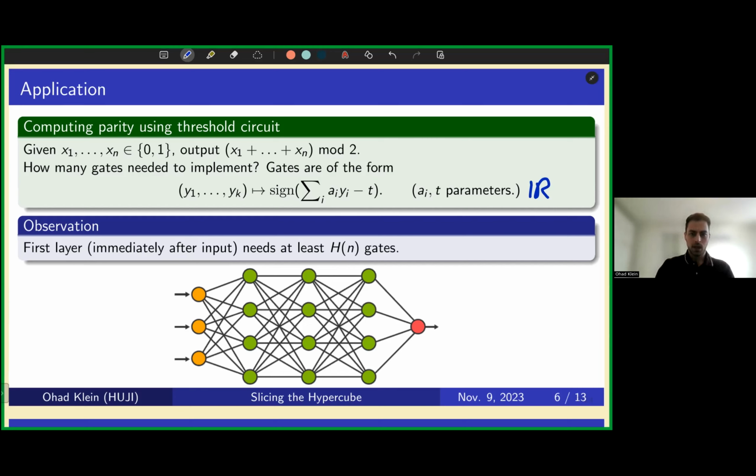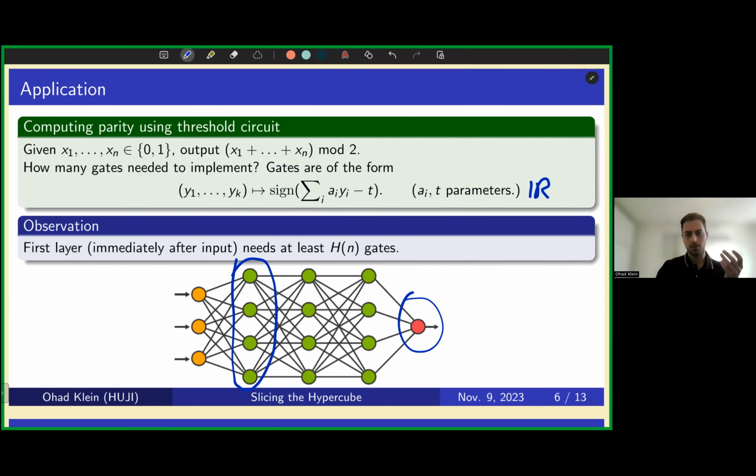The reason this problem is related to computing parity is that we claim that the linear equations on the first layer of a circuit computing parity must dissect all edges of the hypercube. Why is that? If there were some edge that is not dissected by any hyperplane, then this circuit would not distinguish between these 2 points, because the first layer will evaluate the same for these 2 points.